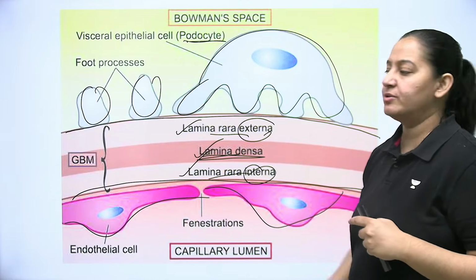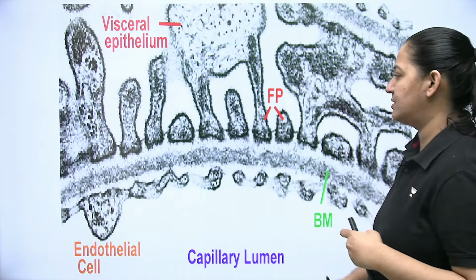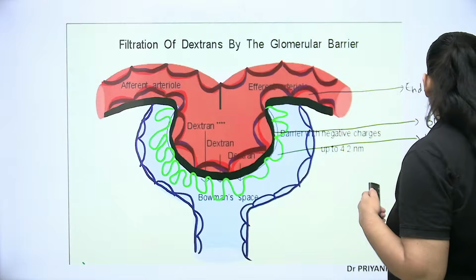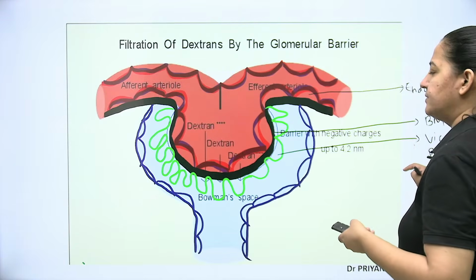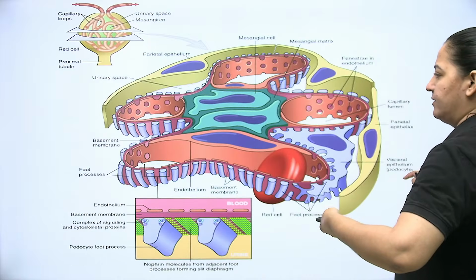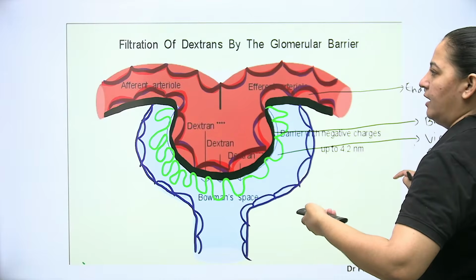Everyone give me a thumbs up. So this is actually the filtration barrier. Now see the electron microscopy diagram. In the electron microscopy diagram also, you can appreciate the same filtration barrier. I have to go back, you have to wait for a while. Unable to go back.